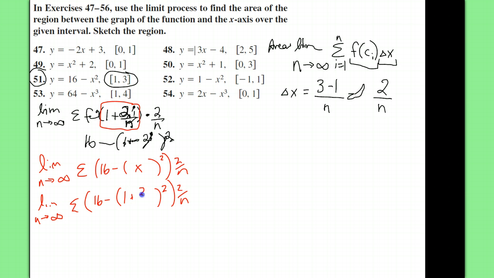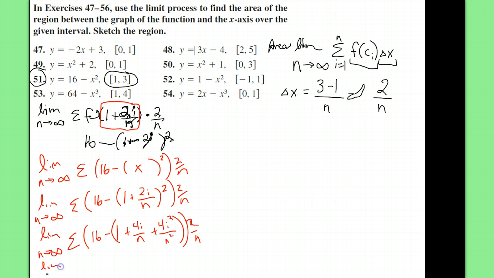My x is 1 plus 2i over n, so I have the limit as n goes to infinity of the summation of, I'm going to have to FOIL this out, 1 plus 4i over n plus 4i squared over n squared, all outside is 2 over n. And so now I have the limit as n goes to infinity of the summation of 15 minus 4i over n minus 4i squared over n squared. Now outside I have 2 over n.